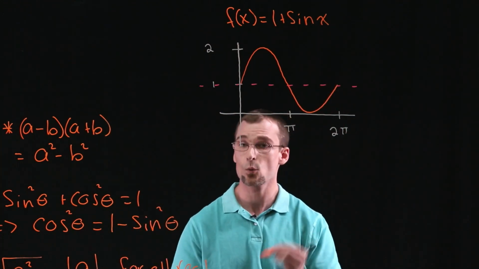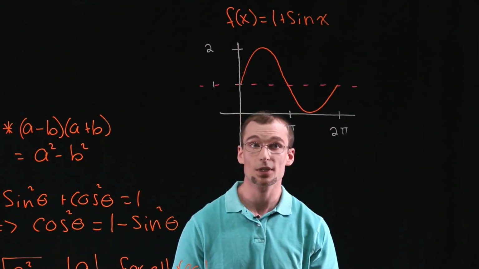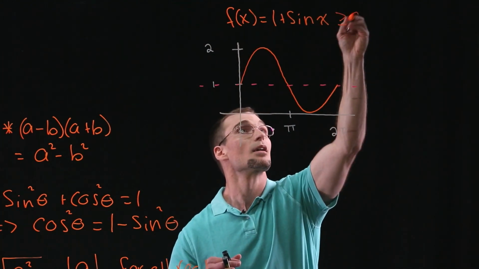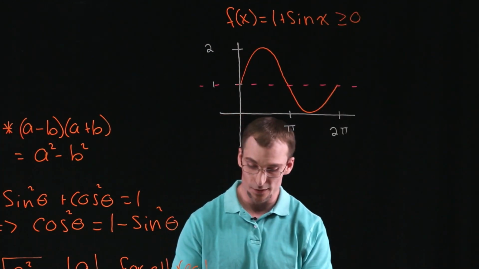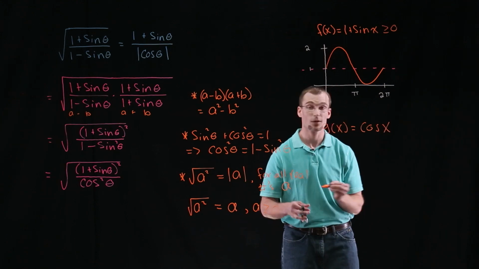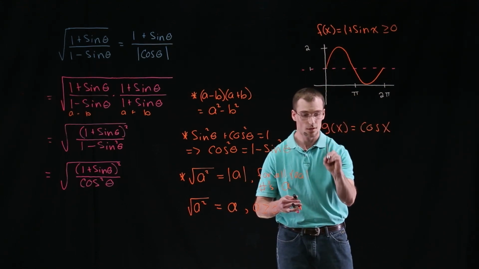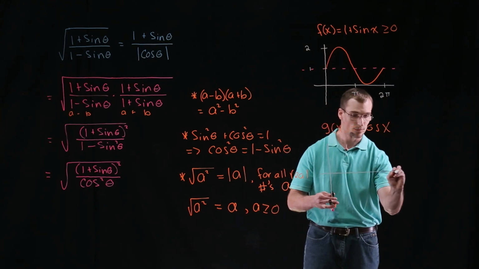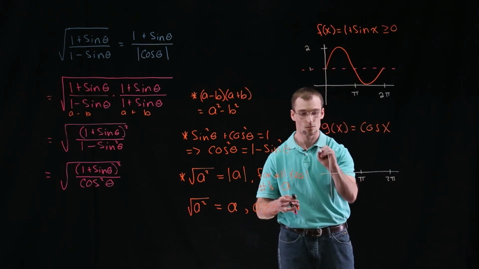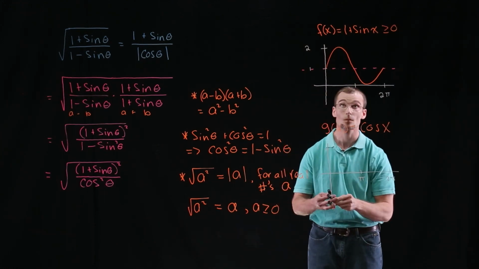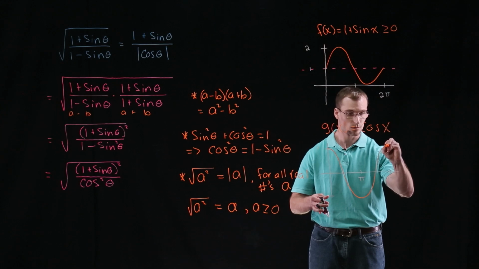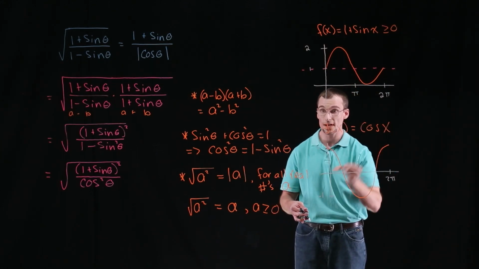What's important is that the graph of 1 plus sine of x does not go below the x-axis, so this function is nonnegative. And if we look at the graph of cosine of x, we see that it can be both positive and negative.